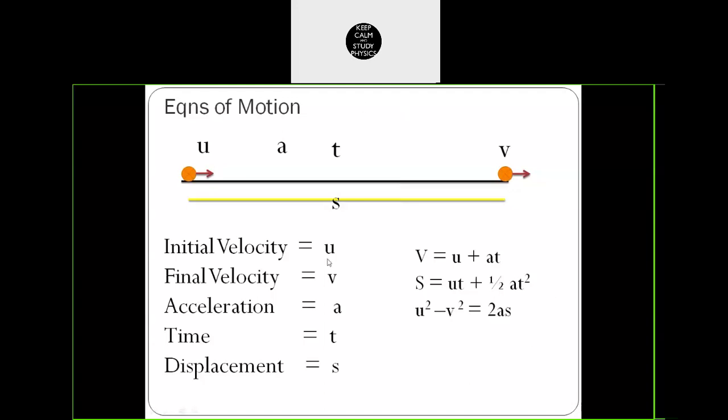Good. So these are the equations useful for analyzing the motion of a body.